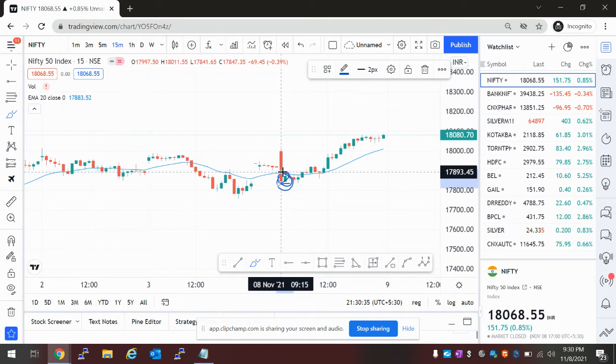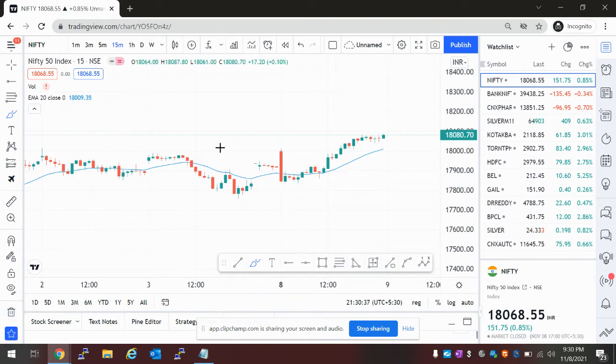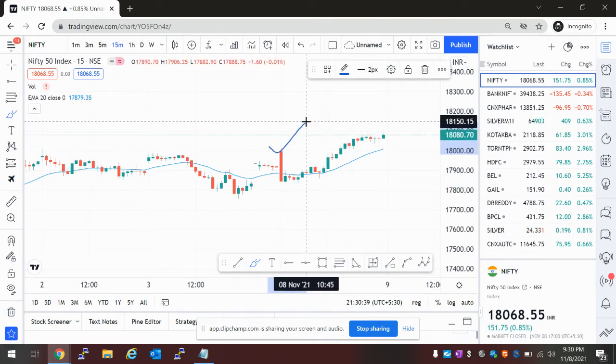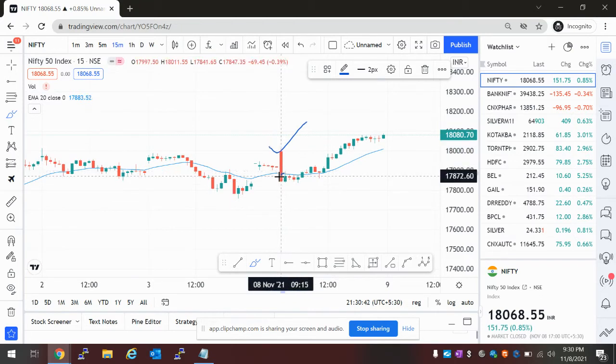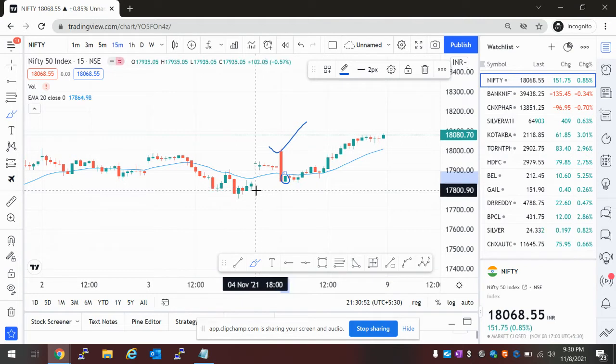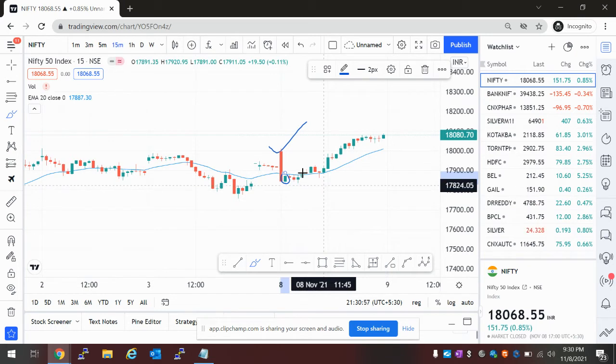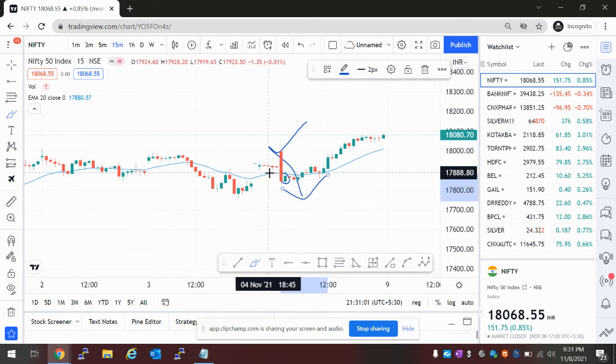This candle closed at 9:45. The red candle was 9:15 to 9:30, and the green candle says to traders that for Nifty the selling pressure has now stopped for some time. Now the decision of selling more is not possible because of this green candle.